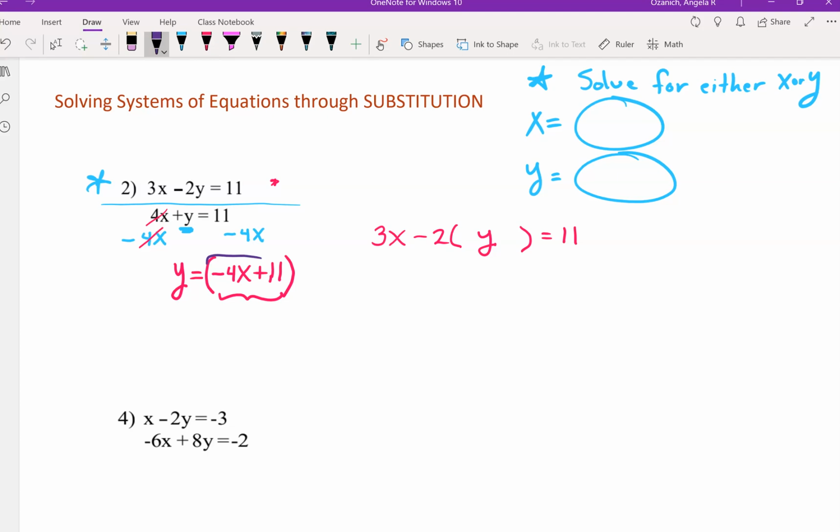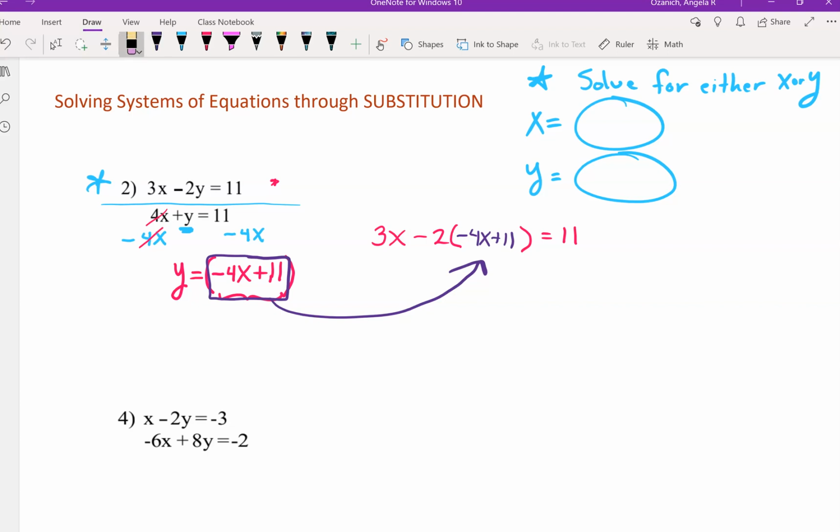I'm going to take all of this information that y is equal to, and I'm going to get rid of this y. So here I go. I'm going to erase this y, and in the place of that y, I'm going to put negative 4x plus 11. You see how that just went right into that spot? And that's going to be the idea with a substitution. You're replacing.